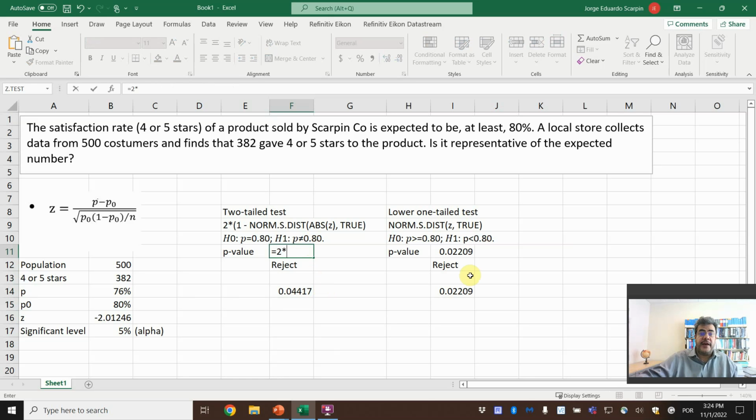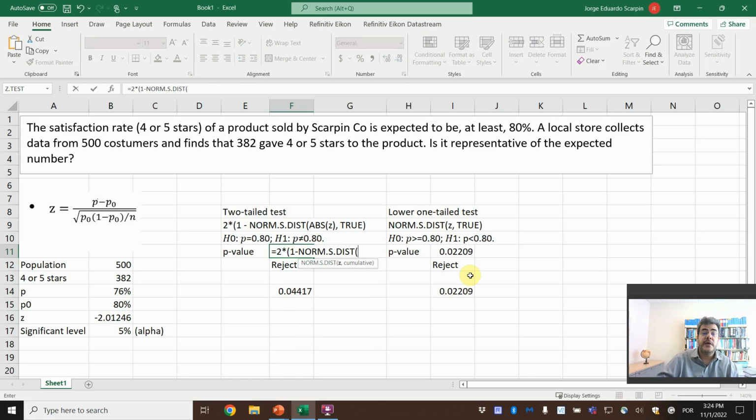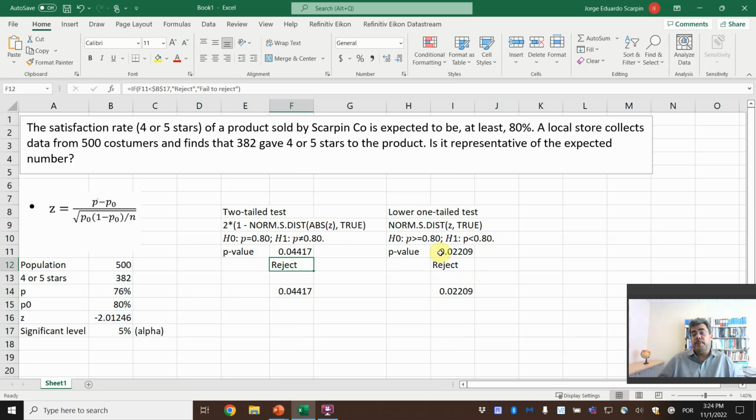So equal 2 times 1 minus NORM.S.DIST of the absolute z, where is z? Here, and TRUE. 0.04. So 0.04, and here we are working with the alpha of 5%, so our significance level is 5%. So if you go to 100 stores, it will be valid for 95, for instance. 0.04, so we reject it. So the average is different.